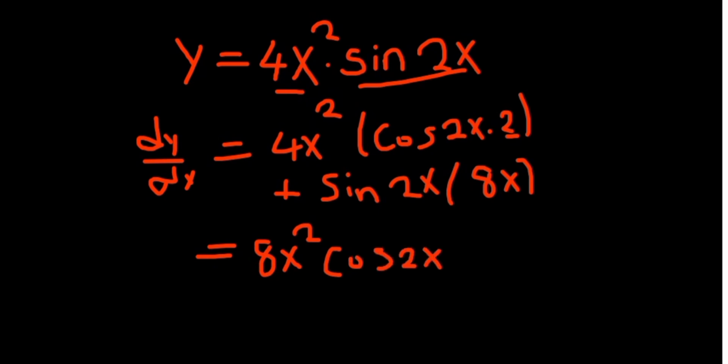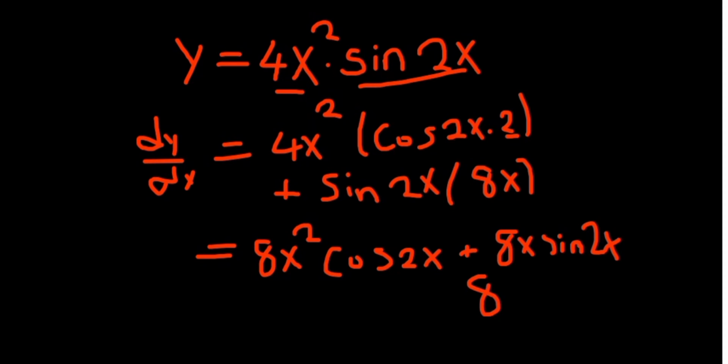Plus, 8x being multiplied by the other part is going to be 8x, then sine 2x. Let me just write this properly.